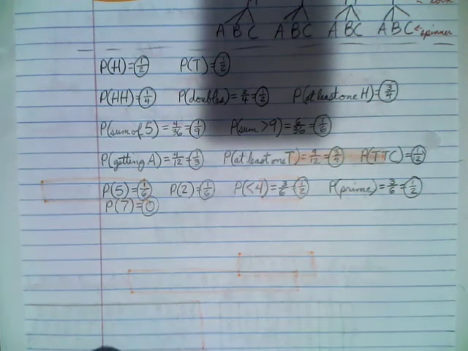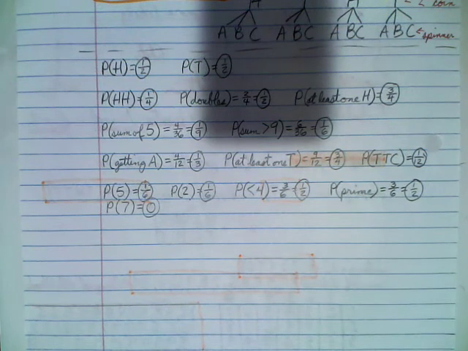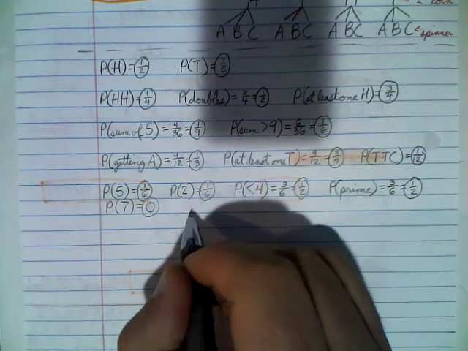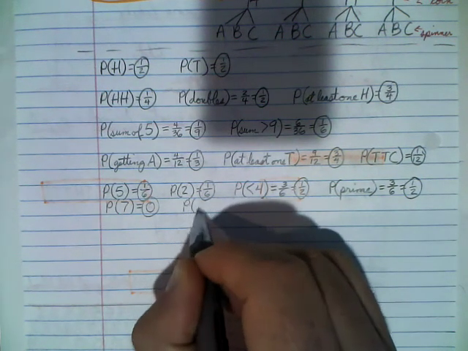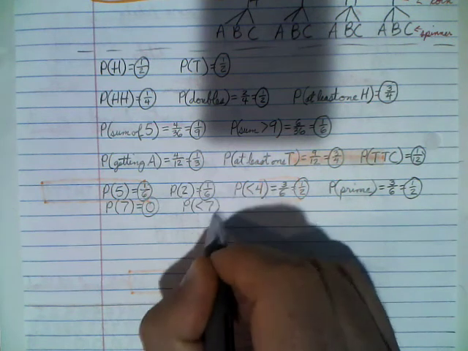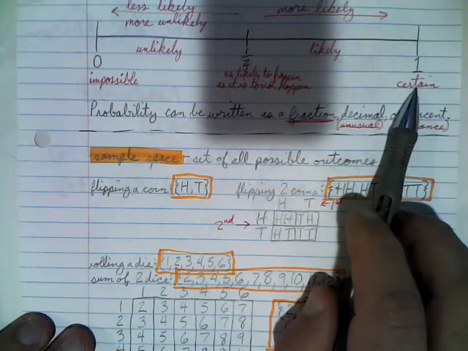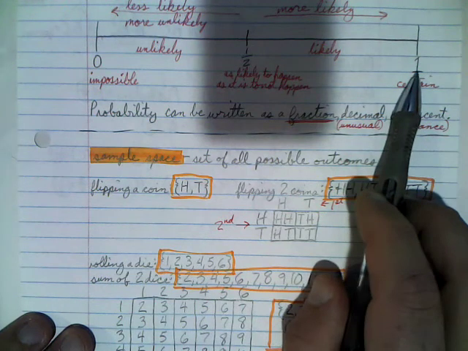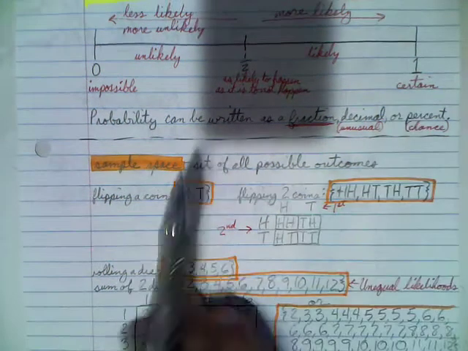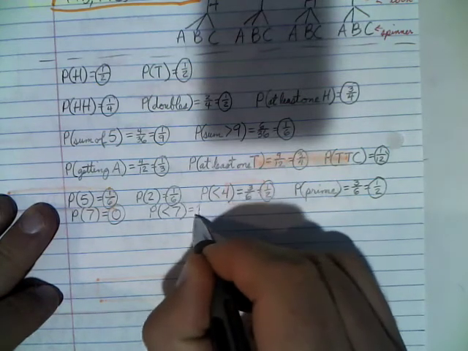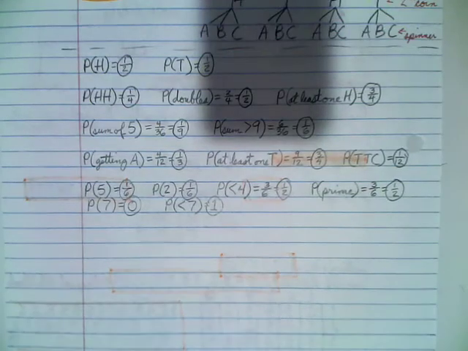You cannot roll a 7 on a 6-sided die. For that matter, if I asked you what's the probability of rolling something less than 7, if you take a look at the sample space and you realize that everything is less than 7, that means you are certain to get something less than 7, so therefore your probability is 1. So if you ever run across something that's certain, you automatically know the probability is 1.